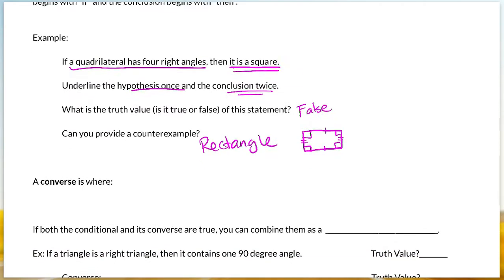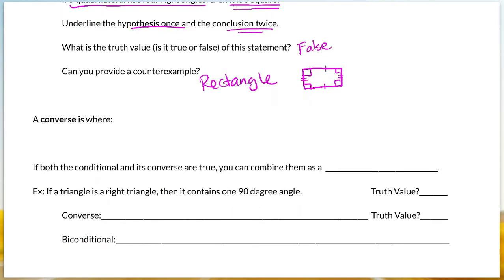Let's look at some conditional statements and rearranging them to create new statements. We have the converse. A converse is when you are switching the order, and so the order will change to have if conclusion, then hypothesis. So the converse is when you switch the order.